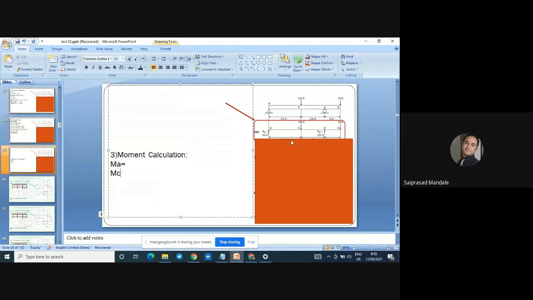Perfectly correct. Now can you tell me the moment at B? No, I'm talking about moment at D. Moment at A is equal to 0. Right now my question is for moment at D. What is the moment at D?